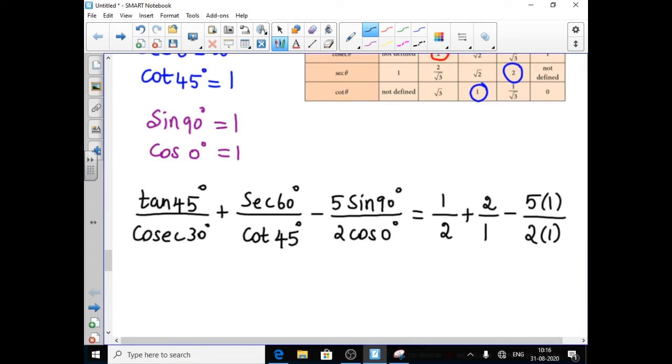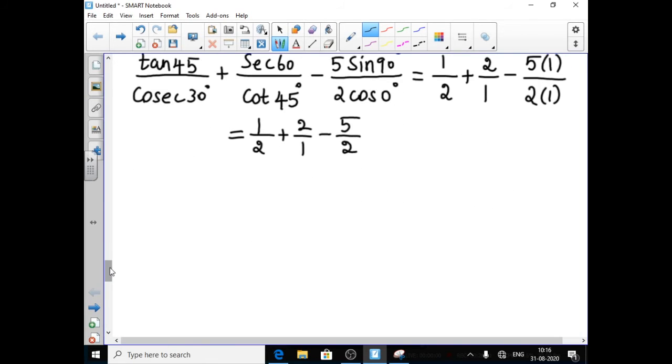So therefore, which is equal to 1 by 2 plus 2 by 1 minus 5 by 2. Here the denominator value is 2, so we can take the LCM 2. So 1 plus, here 2 by 1, so we can multiply by 2 by 2. 2 2s are 4.